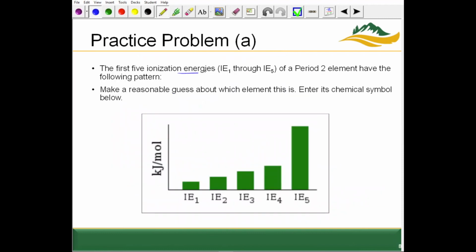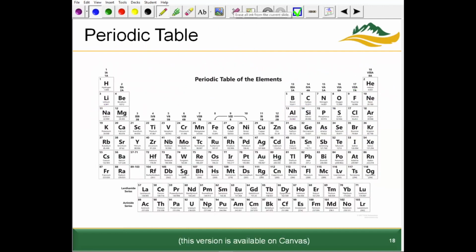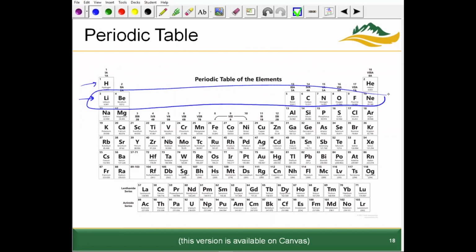So let's put this knowledge into a practice problem. We have the first 5 ionization energies here for a period 2 element. As a reminder on groups versus periods, this is period 1, this is period 2. So right now we're looking at these period 2 elements as possible answer choices.